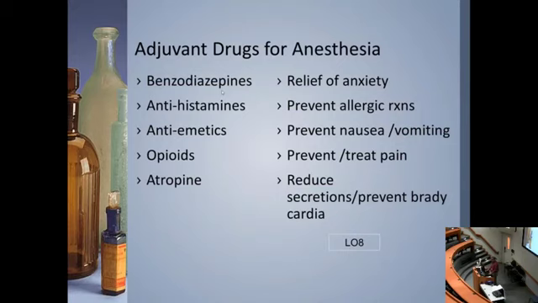Okay, so these are all of the adjuvant drugs, and what I've done is I've listed the drug with its clinical use in terms of why it's an adjuvant. So the benzos relieve anxiety, and so sometimes the night before the surgery, the surgeon or the attending will give maybe lorazepam, a small tablet just before bed, just because maybe the patient's not going to sleep well that night because they know the next morning they're going to have a big surgery.